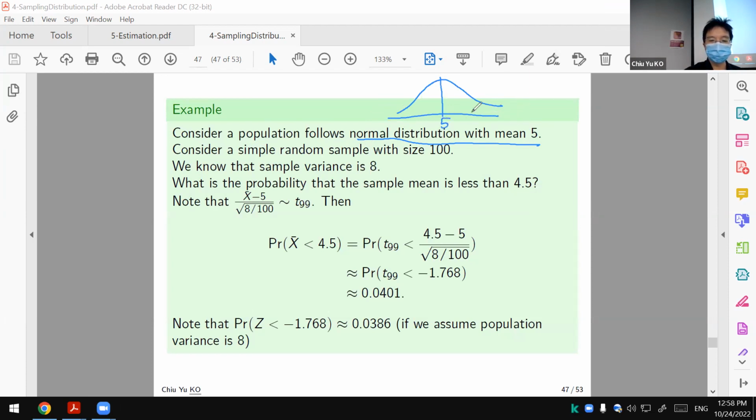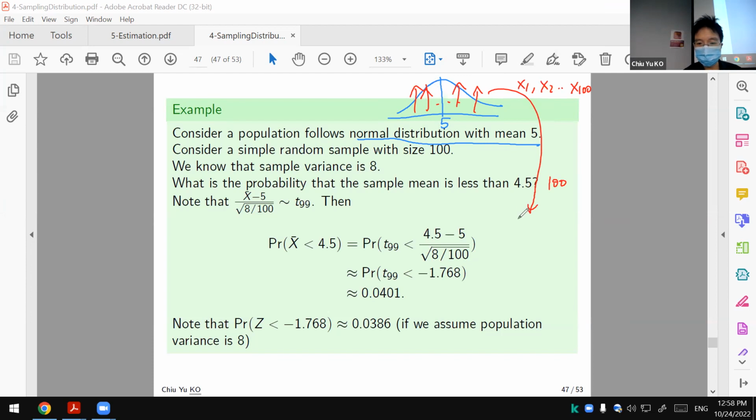The population looks like this, okay? What we're going to do is draw 100 samples here, x1, x2 up to x100. There are 100 data.